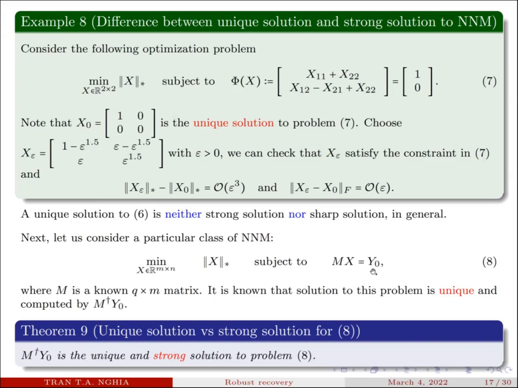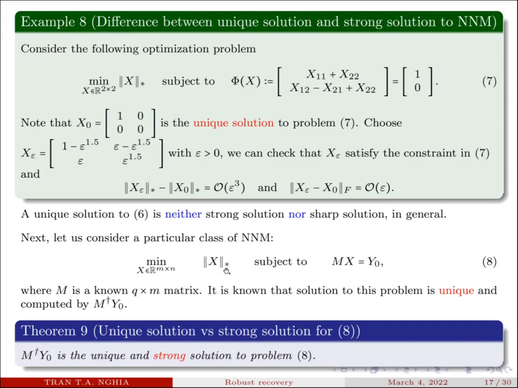So people showed the following, a very nice result that there is a unique solution for this one. And that unique solution is computed by this formula, right? Here it is nothing but the Moore-Penrose matrix. Okay, this one is very similar to the case of least squares optimization problems, right? But keep in mind, here is a nuclear norm.